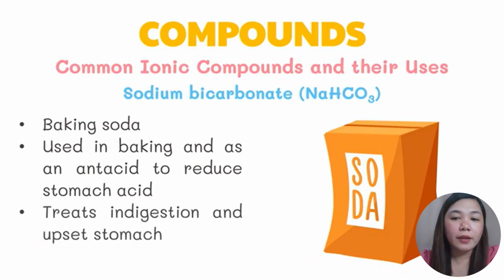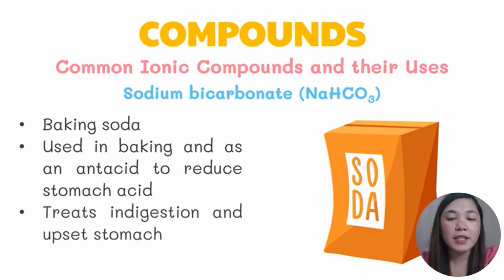Okay, now let us have here the common ionic compounds and their uses. So this example in here, we have the sodium bicarbonate, or the NaHCO3. It's baking soda in common terms. It is used in baking and as an antacid to reduce stomach acid, treats indigestion and upset stomach.